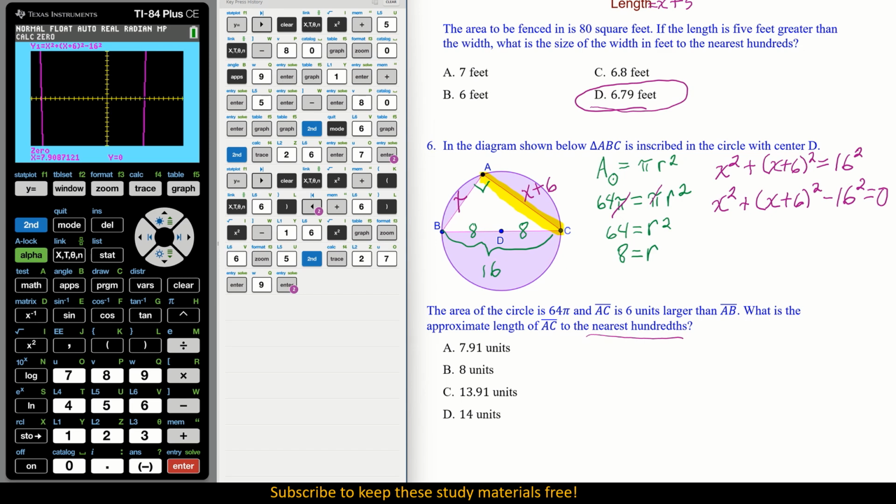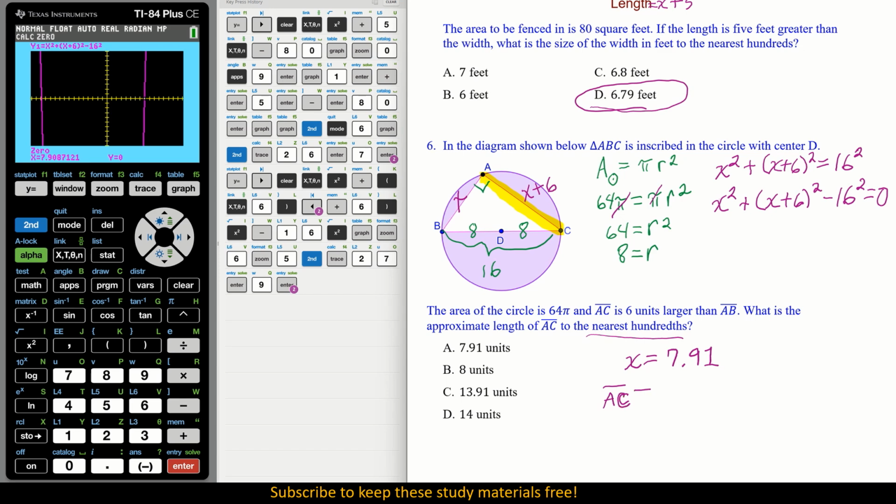But we're not done. Remember what I said? Don't let it fool you. That's just an estimated value of x. X equals 7.91. I highlighted what the question was. They said, what is AC? Well, let me write that out.